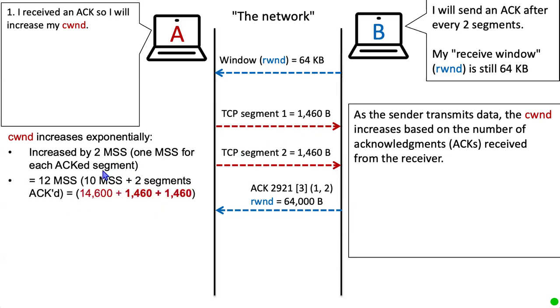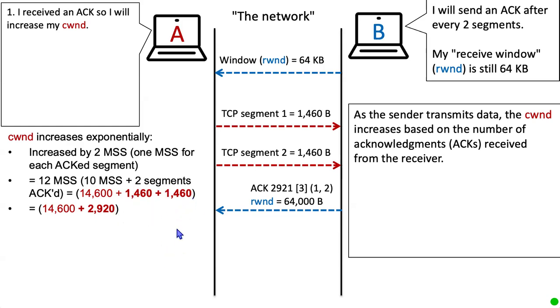Okay, let's see. My initial congestion window was 10 maximum segment sizes, 14,600 bytes. I sent 2 segments that you acknowledged, each of 1,460 bytes. So I'm going to increase my congestion window from 14,600 to 17,520.